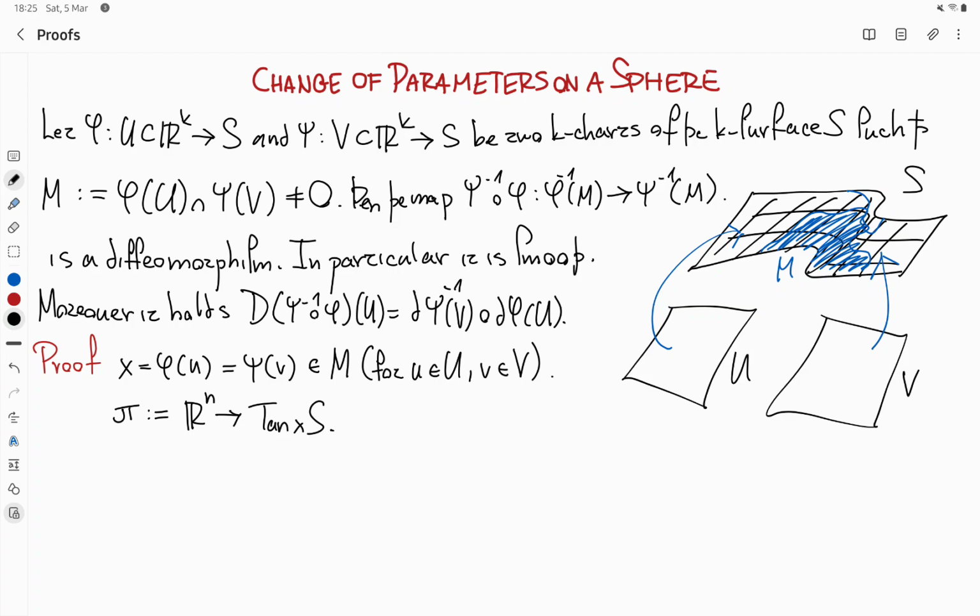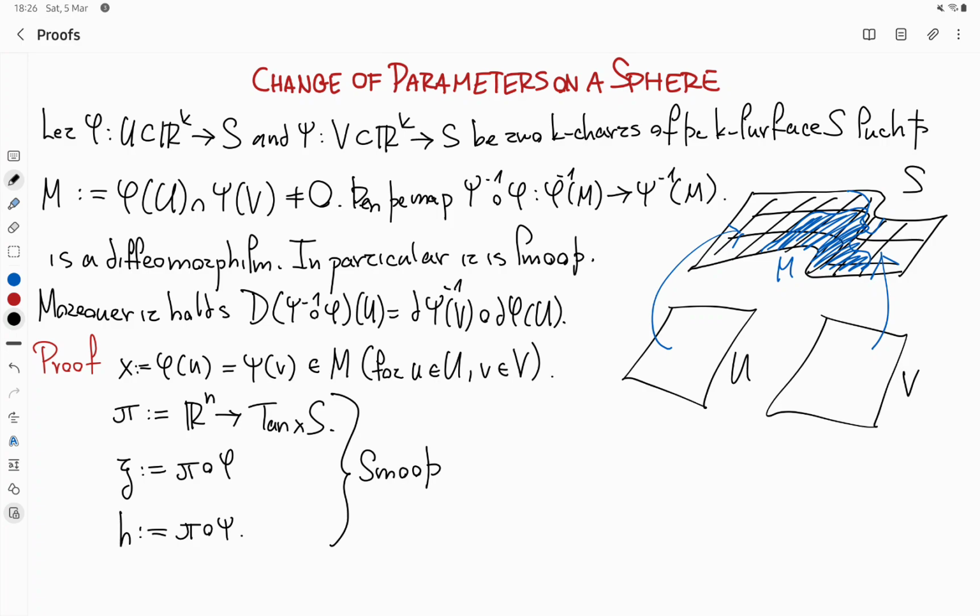Now, we finally define g as the composition of pi and phi, right? And h, which we define as the composition of pi and xi, right? Now it is easy to see that all of these are smooth.